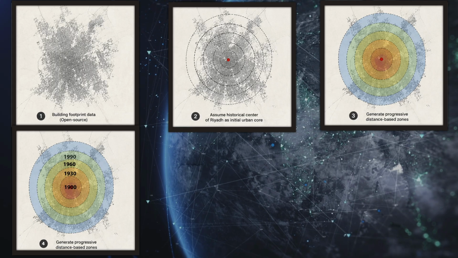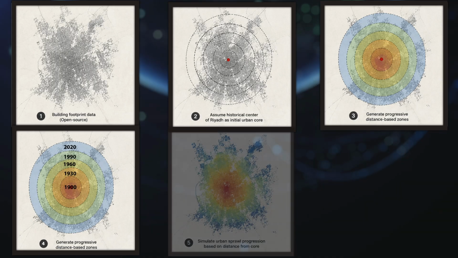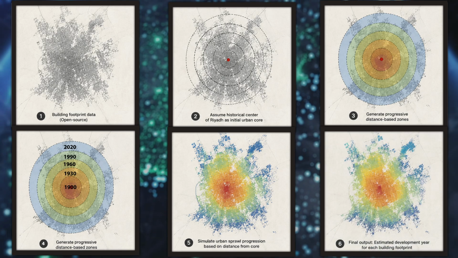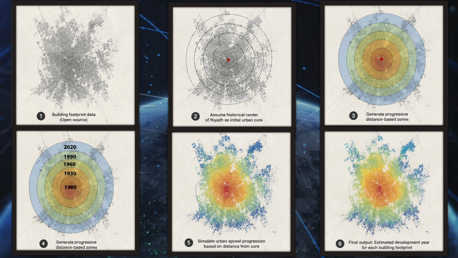This creates a realistic simulation of how cities naturally expand outward over time through urban sprawl. The result is a dynamic temporal model where every individual building footprint becomes associated with a simulated development timeline. This allows us to visualize urban expansion year by year, revealing how the city may have evolved spatially across time.